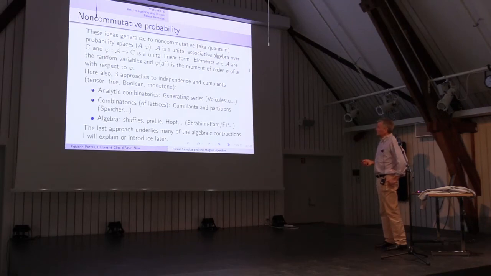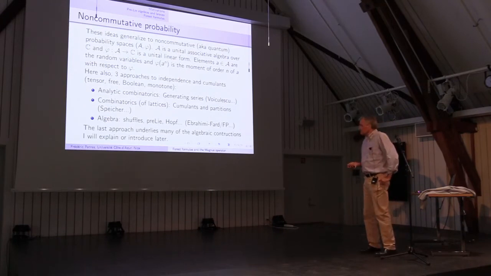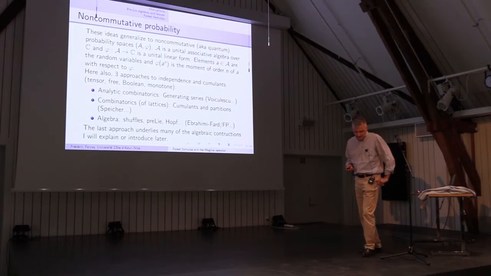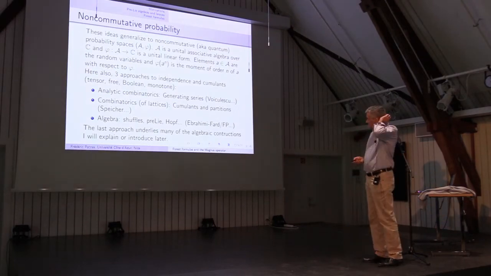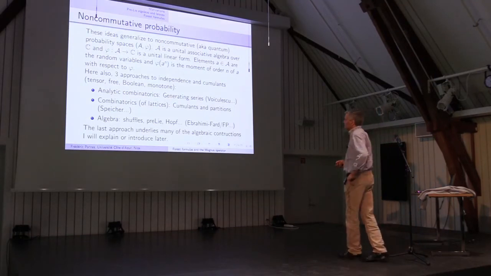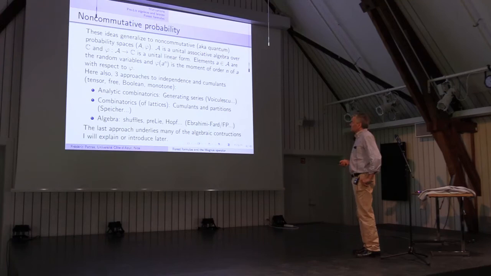I want to speak about the extension of the theory of probability when you move from algebras of scalar random variables to non-commutative algebras of random variables, which are defined that way.